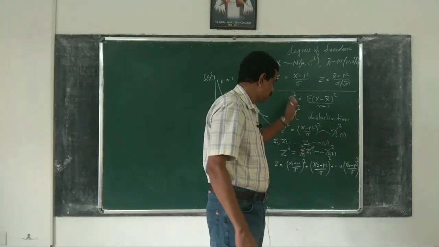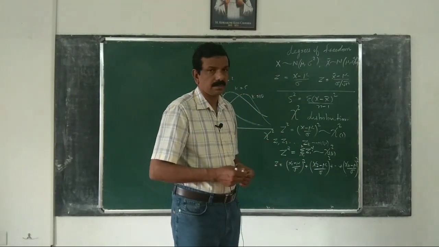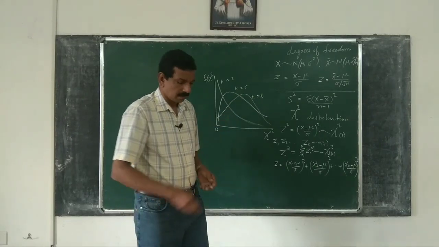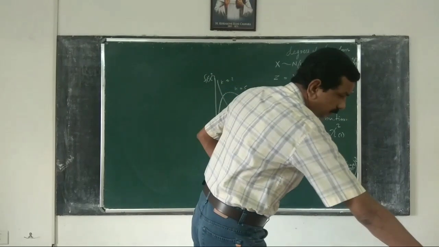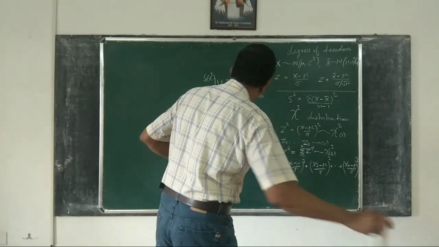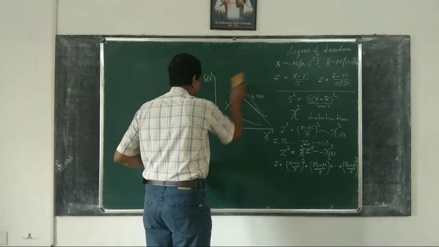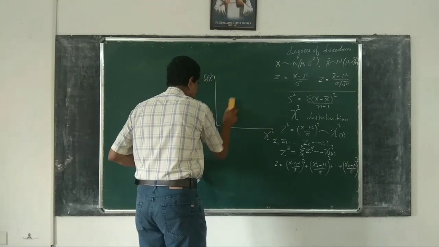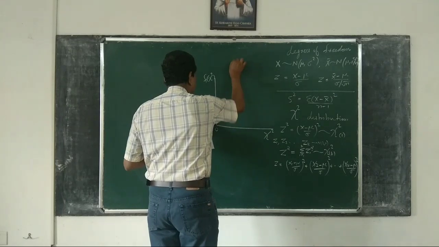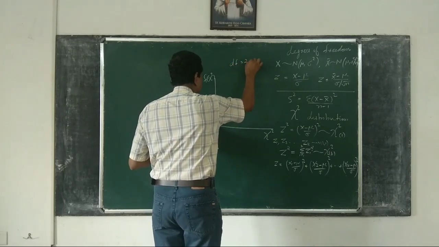You can refer to any books on statistics and you will get these area properties. We will consider one case. Suppose that degrees of freedom is equal to 20.